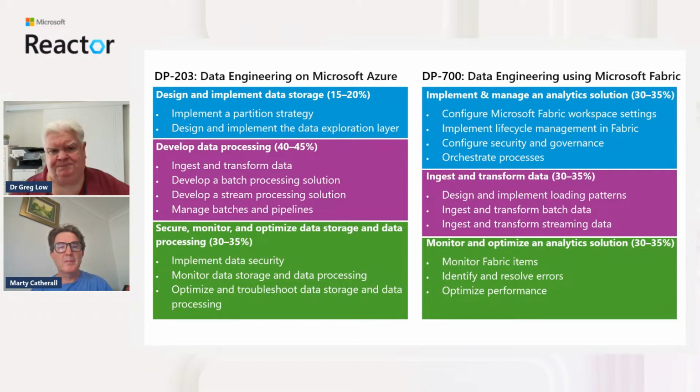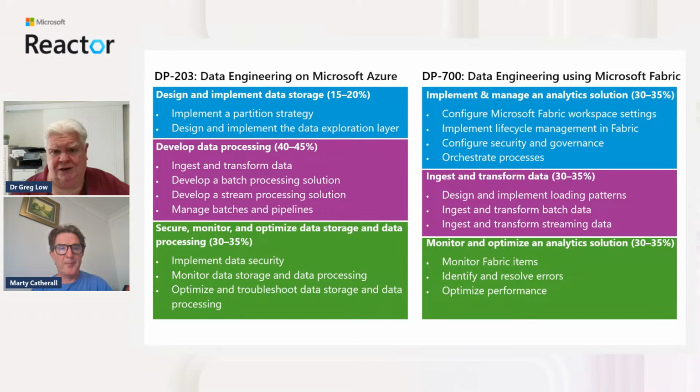So the difference when you get to DP-700, it's more about how we configure and manage the solution more so than how do we build all the individual tools and put them together, because that's already done as part of the Fabric structure.